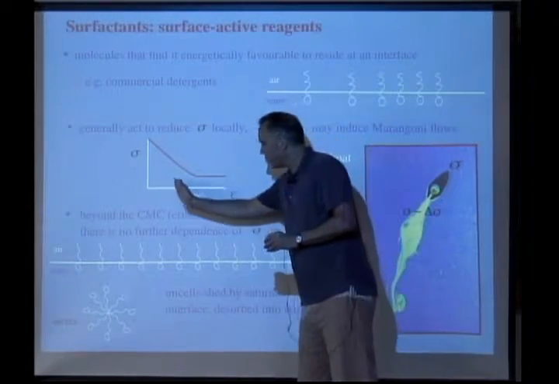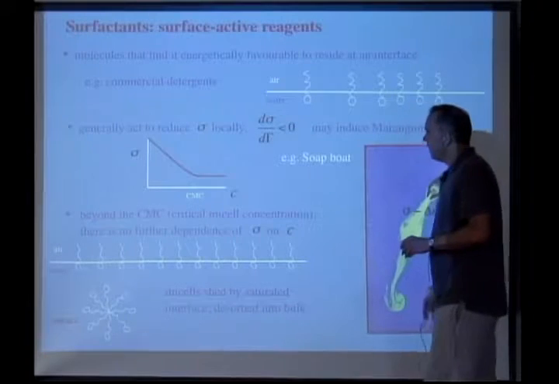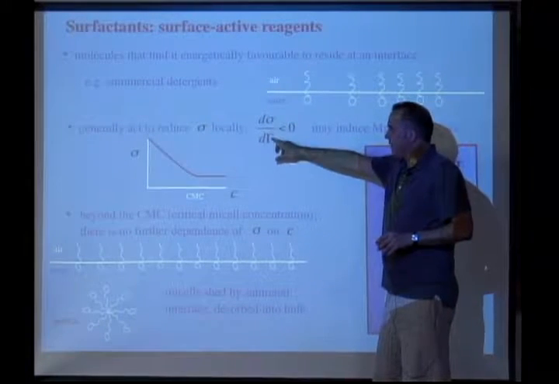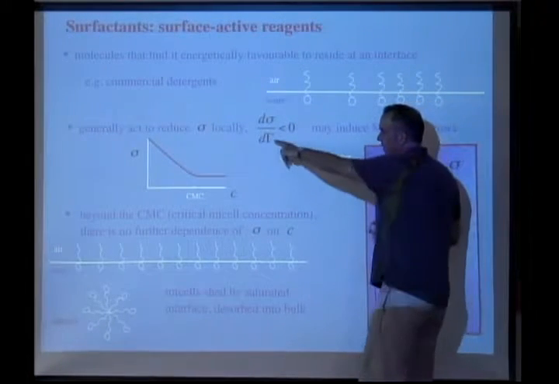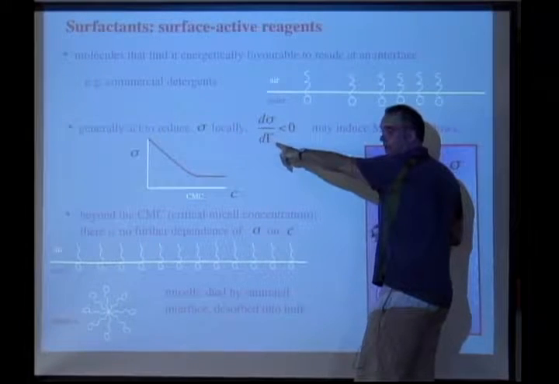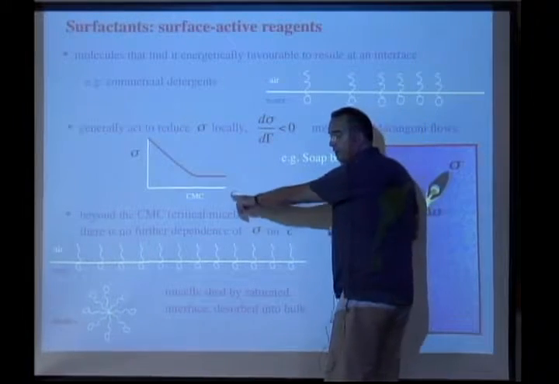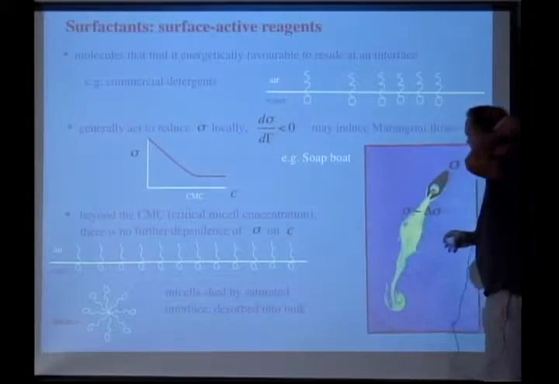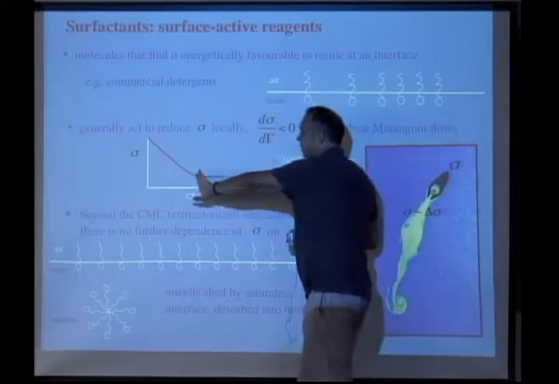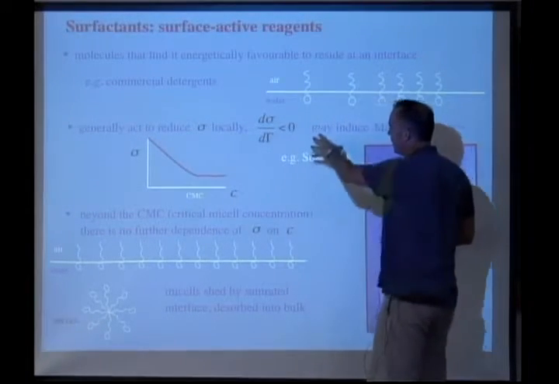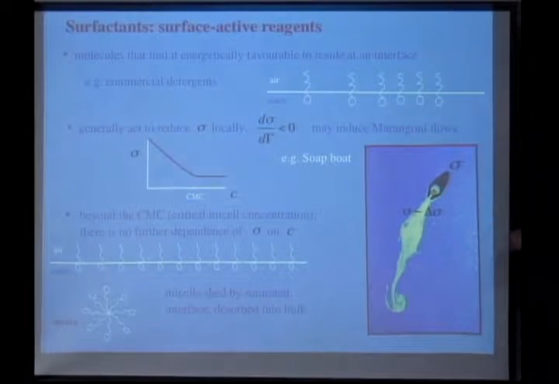But if you're below this critical micelle concentration, then generally the surface tension depends on the concentration. I'm using gamma to denote the concentration at the surface and C to denote the concentration in the bulk. Okay? And so if we're below this critical concentration, then we can have gradients in surface tension, and these can induce Marangoni flows.